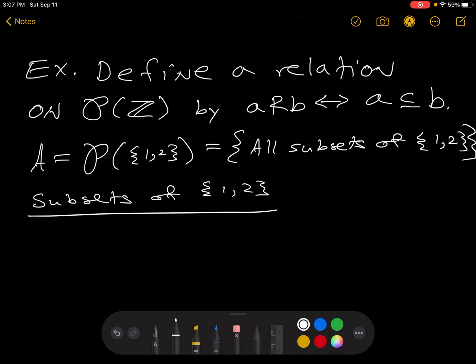All right, so the subsets of the set containing 1 and 2, let's see, these are the empty set, the set containing 1, the set containing 2, and the set containing 1 and 2.